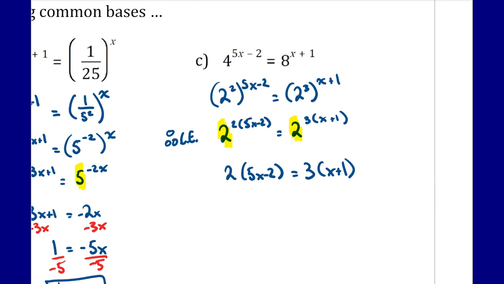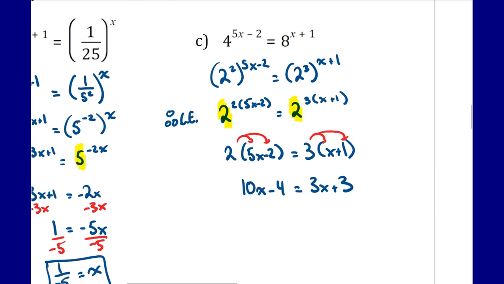Now I need to solve. So distributive property tells us we have to multiply the number outside the bracket to everything on the inside. So 10x minus 4 is equal to 3x plus 3. Now I can continue to solve.